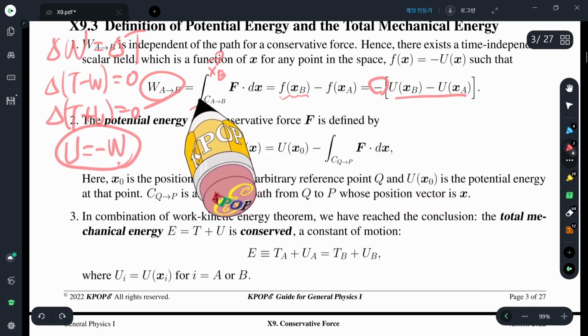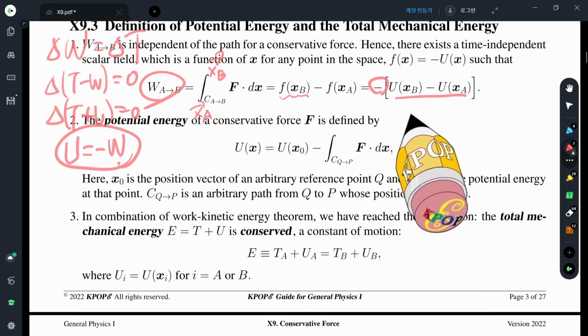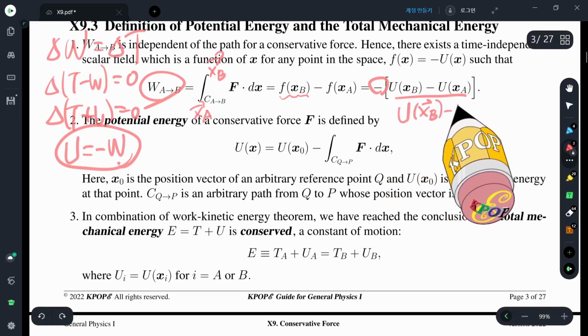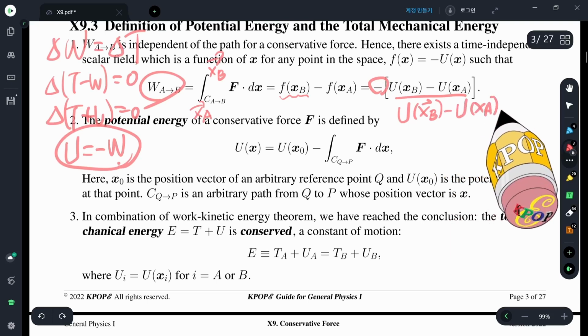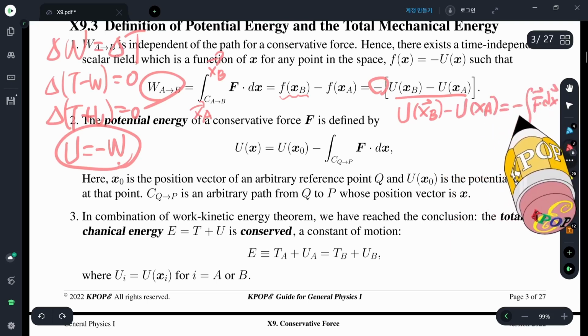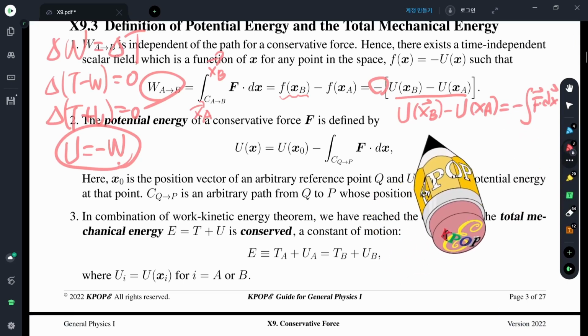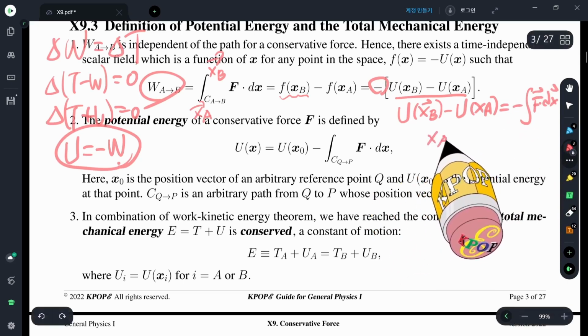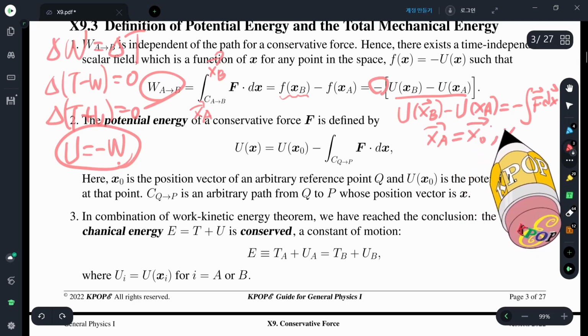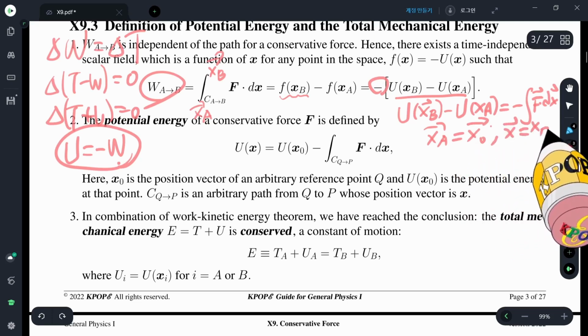Using this one, moving this negative sign, you will find U(xB) minus U(xA) equals minus the integral of F dx. This is work, minus work. Suppose that xA is a reference point, x0, and an arbitrary point, xB.